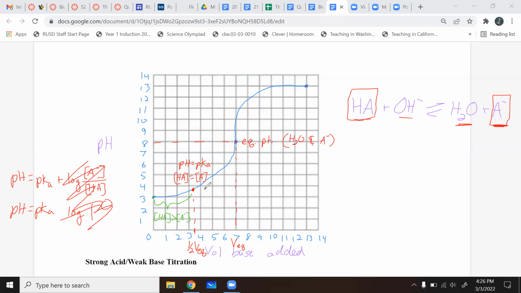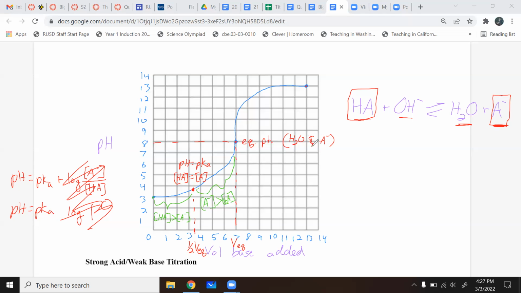Then we hit the half equivalence point, in which our concentration of weak acid and our concentration of conjugate base are equivalent to one another. But after that, until we hit the equivalence point, our concentration of conjugate base is greater than our concentration of weak acid. So go ahead and label that on your notes as well.